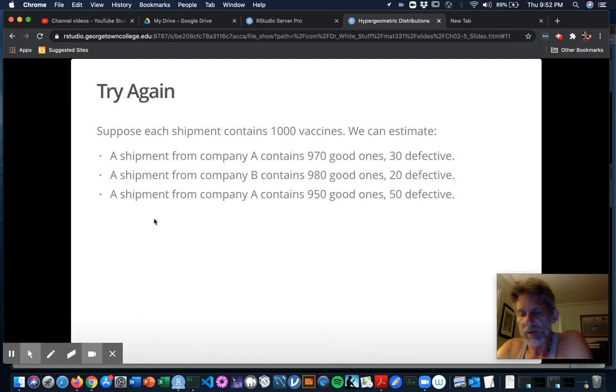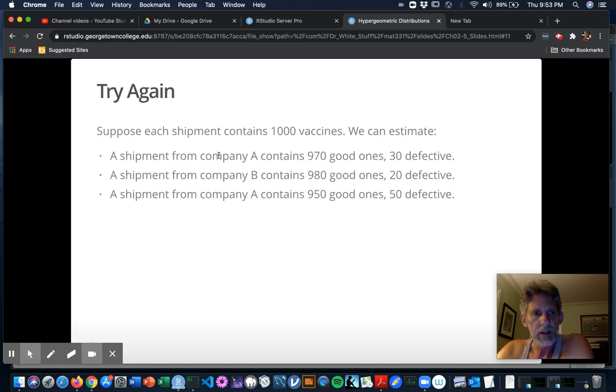So let's see if we can set ourselves up a little bit better. We'll have to add some information into the problem to proceed. So I'll just make an assumption that each shipment contains 1,000 vaccines.